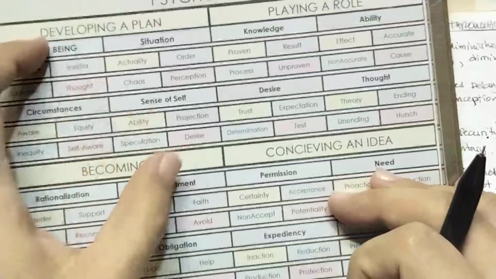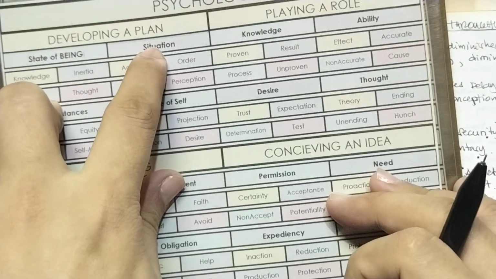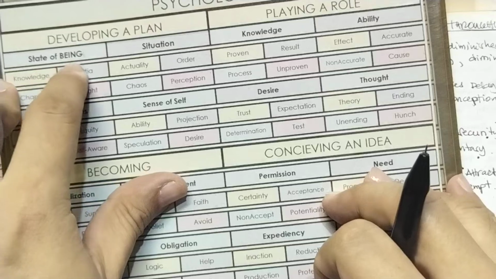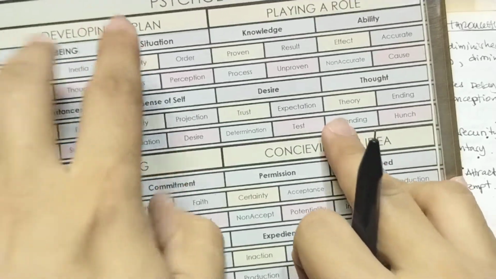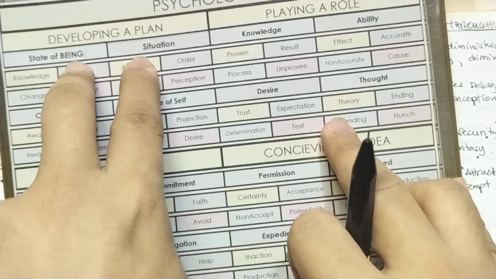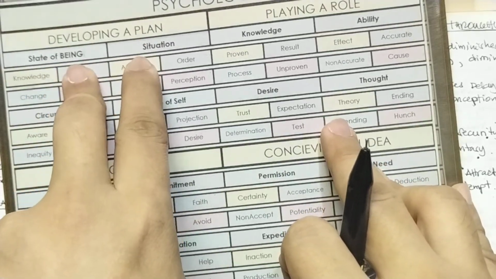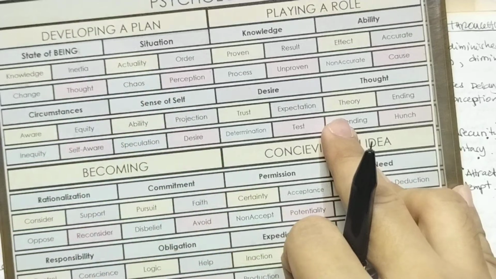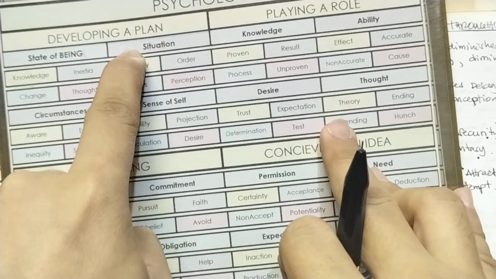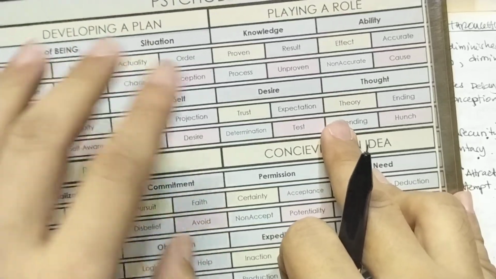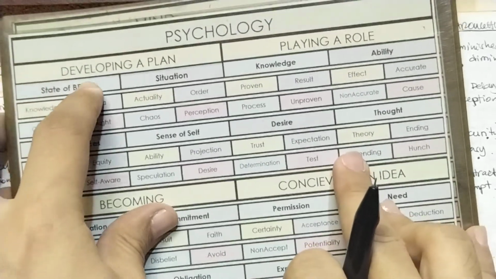That's the plot sequence report, right? I'm going to use that as an amplification. So this is actually a pair. Not a dynamic pair, but I think this is dependent, and then I just use amplification. So what does that mean? State of being amplifies situation.